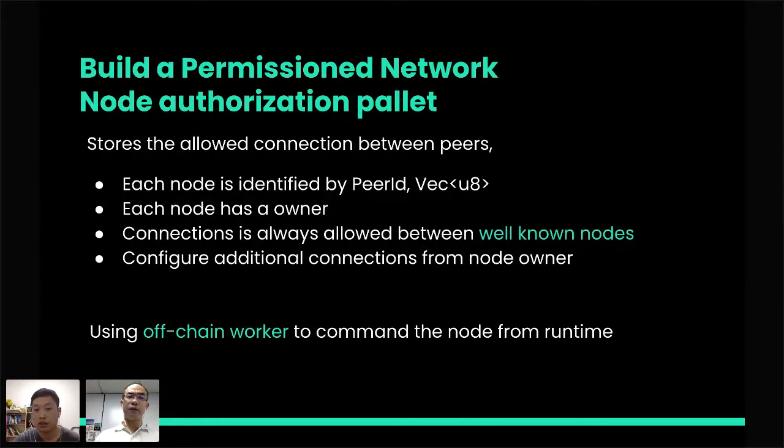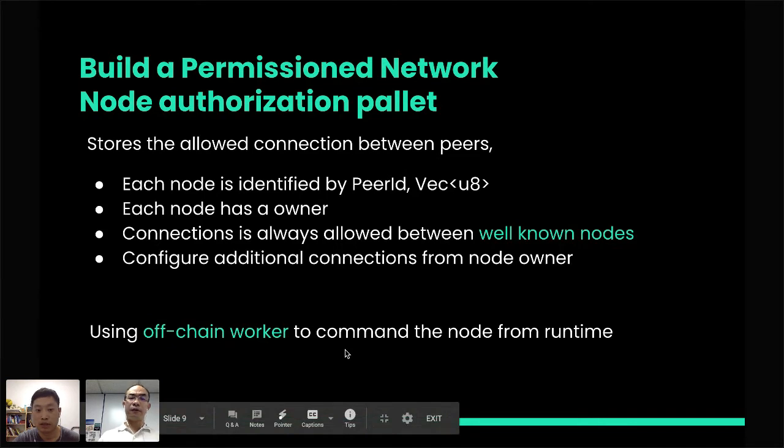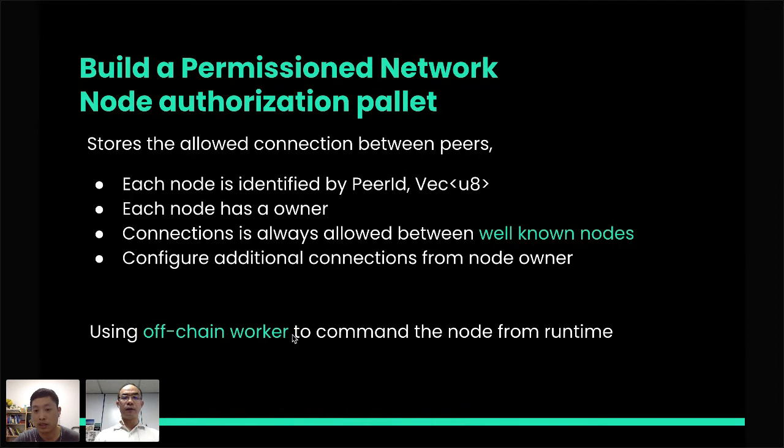If the node doesn't skip this offchain worker's execution logic, then it will use this configuration in the runtime, or in the blockchain state, to make connections in its own network configuration.